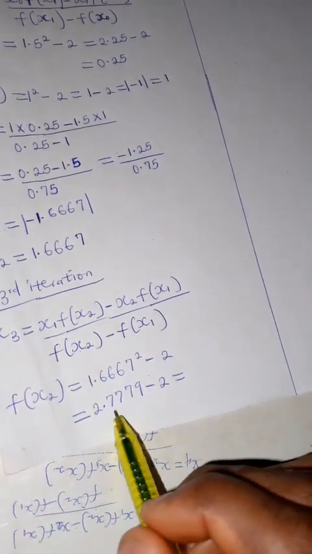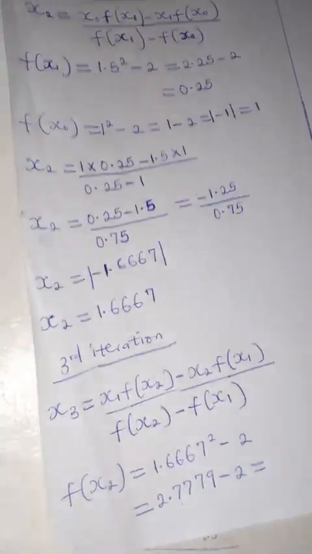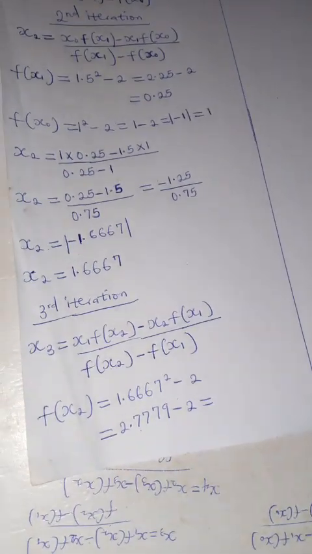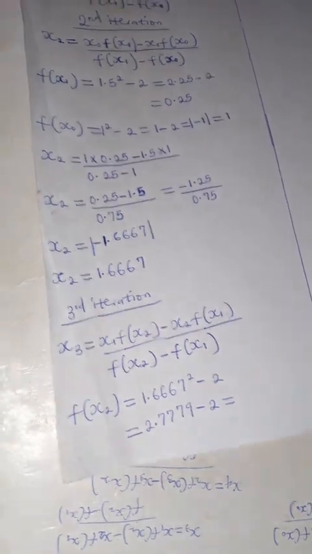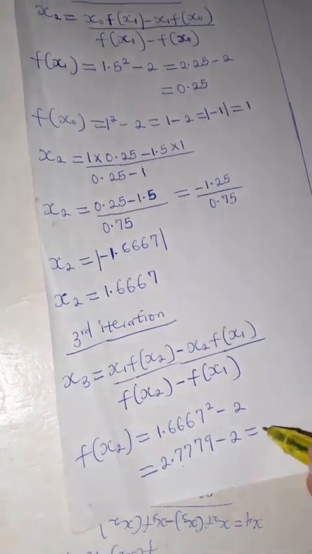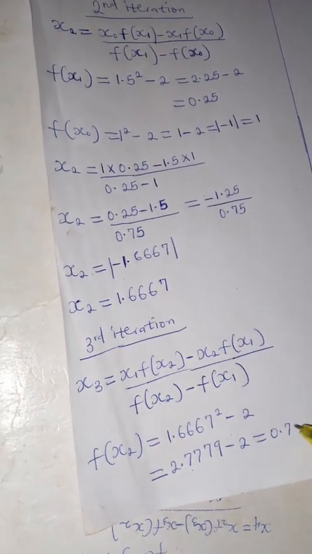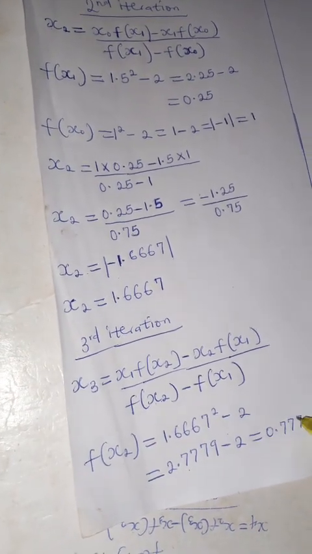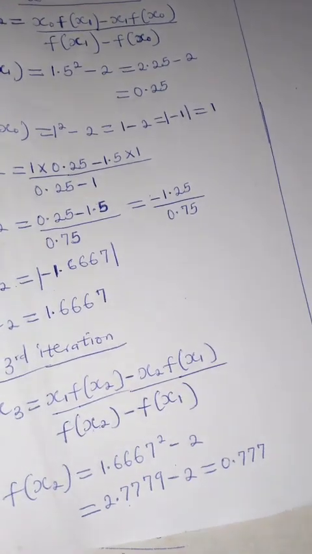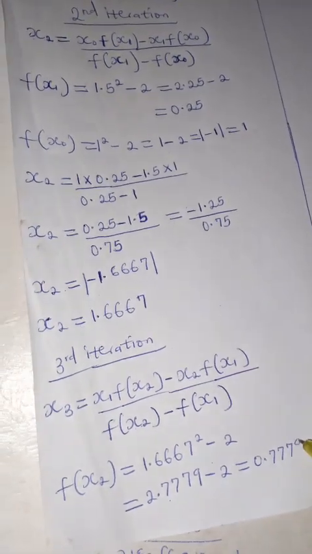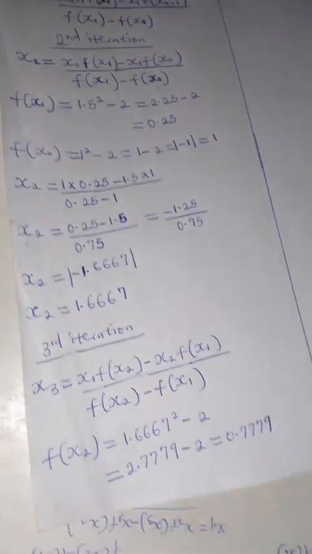Now the square of this will give us this. Now if we subtract 2, we're going to have 0.7779. This will be our f of x2.